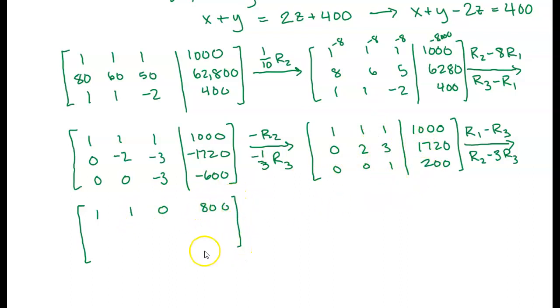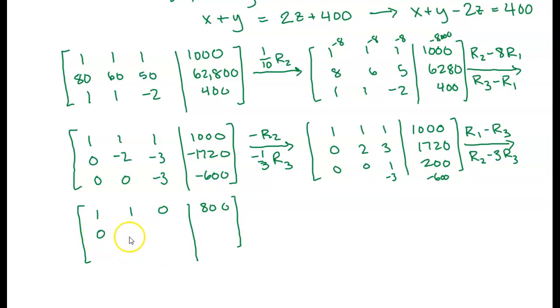Okay. And then let me make little notes to myself. So this becomes a -3 when I multiply times -3, and this becomes a -600 when I multiply times -3. I'm just making little notes to myself so that I don't get confused.